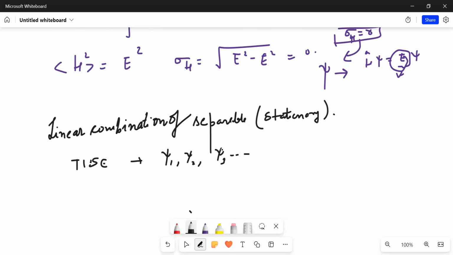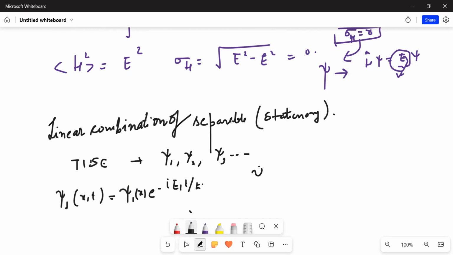All these are time independent. But if I want to find the values of these functions as functions of both x and t, it will be something like ψ₁(x) times e raised to the power minus iE₁t upon ħ, where E₁, E₂, E₃ are the associated energy eigenvalues, or you can say these are the separation constants. If you remember, when I was doing the method of separation of variables, I introduced this kind of constant.